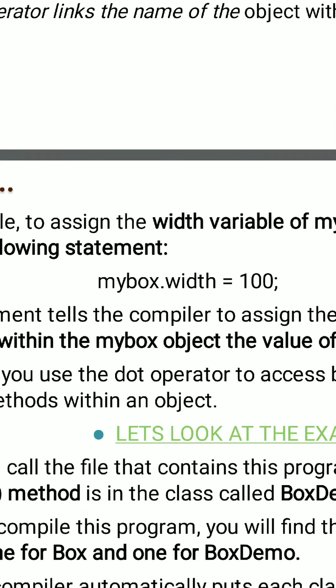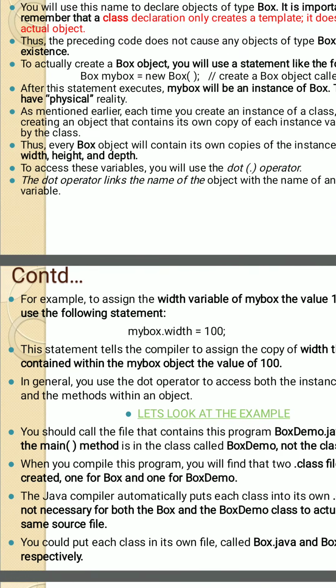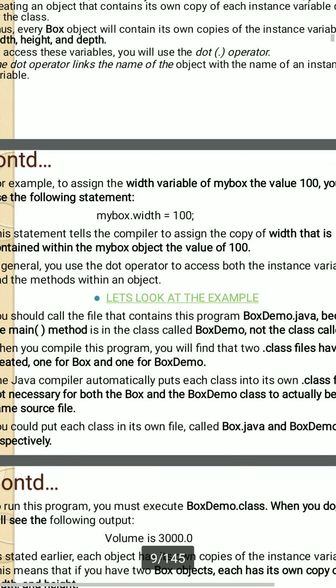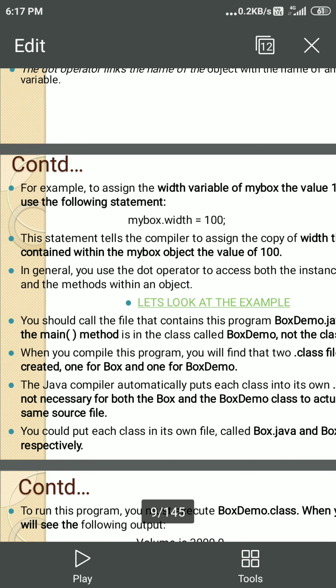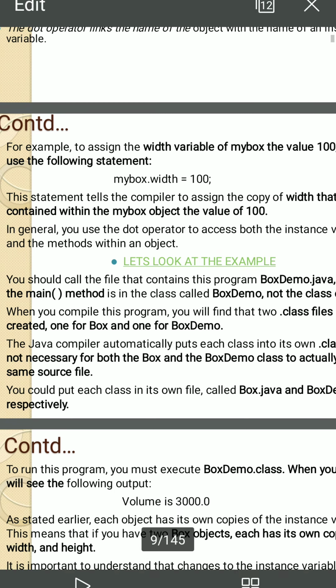This statement tells the compiler to assign the copy of width that is contained within the mybox object the value of 100.